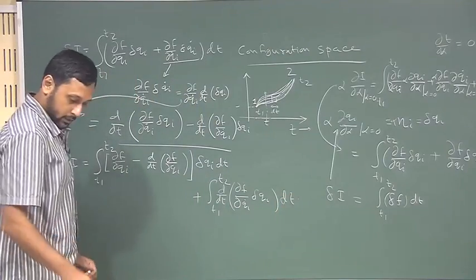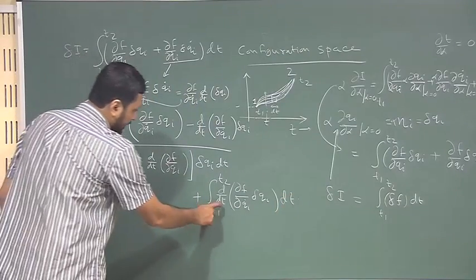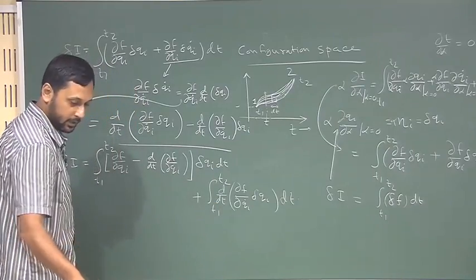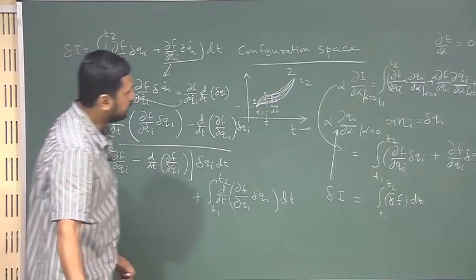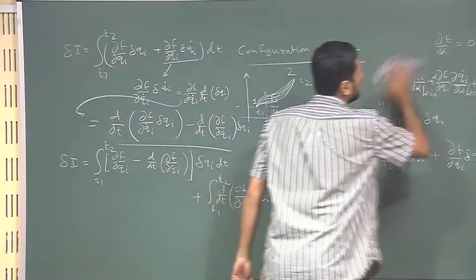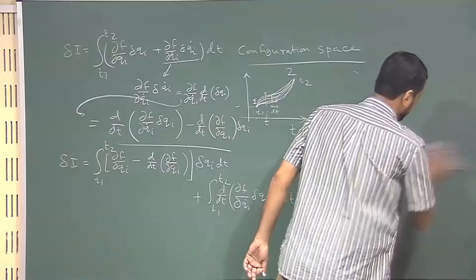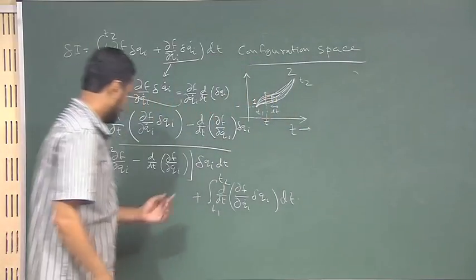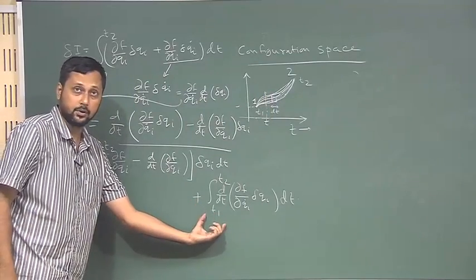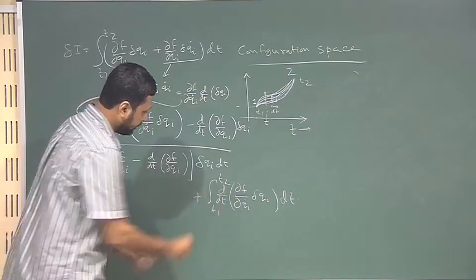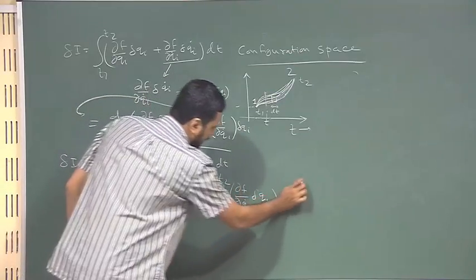Fine. Now, this term is a total time derivative term. So, integration of this term will simply give you, okay, I will remove this part, I do not need this. If I just focus on this term now, this is a total time derivative, so the dt and dt we can get rid of.